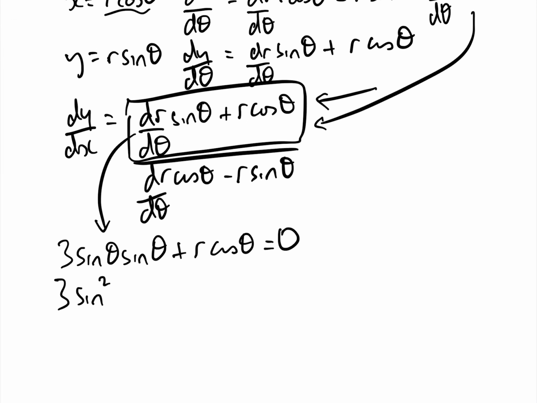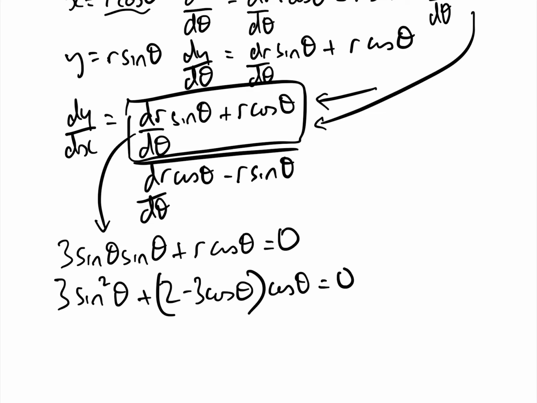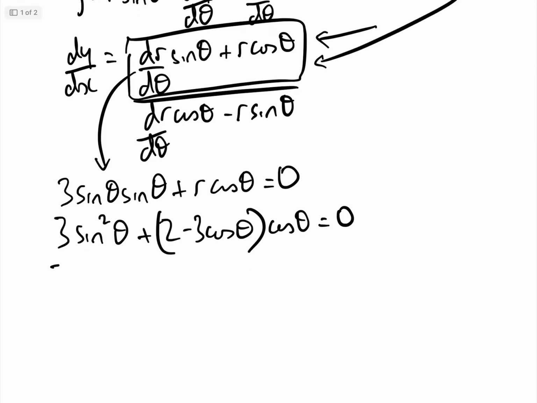That means we get 3 sin squared theta plus brackets 2 minus 3 cos theta equals 0, and now we have our equation in only theta, and all we need to do is solve this.